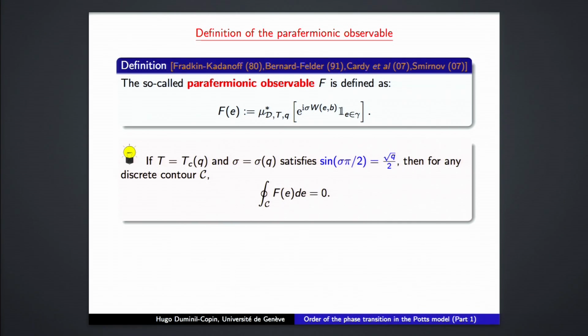It's going to satisfy that the integral, you have a natural notion of discrete integral for this function, well, the integral along any discrete contour is going to be 0. I don't have time to define what a discrete contour is, but here I just want to draw your attention to something: this looks like a discrete version of Morera's theorem. If you think about Morera's theorem, if you have a continuous function whose contour integrals are 0, it is holomorphic.